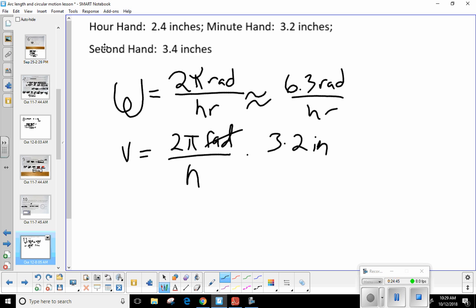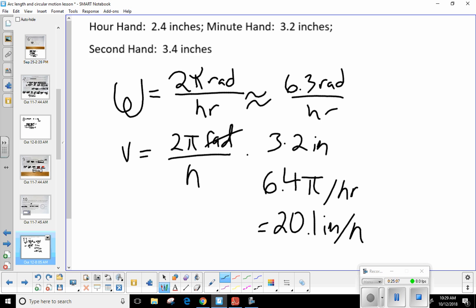Then you get rid of this, so that'd be 6. And then to convert that, that equals inches per hour. Exactly right. That's it. You multiply the angular by the radius, and you've got the linear.